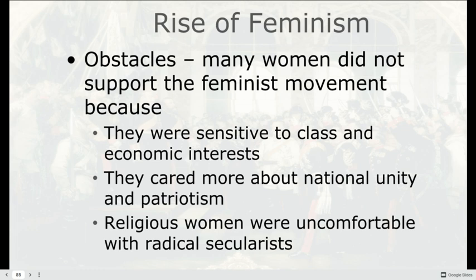And so, while amongst men, you often saw more political reform called for amongst middle class men, for instance, amongst middle class women, though, you often saw quite the opposite. In fact, there was little support at first from middle class women when it came to equal rights. They were afraid of upsetting the apple cart, the fact that they had a lot of economic success in their role as wives and mothers in the middle class. They were concerned about disrupting that.